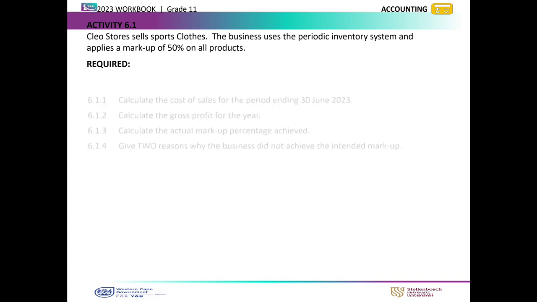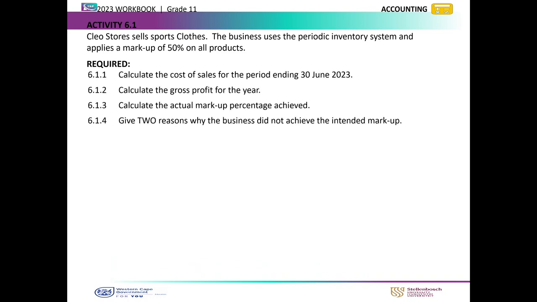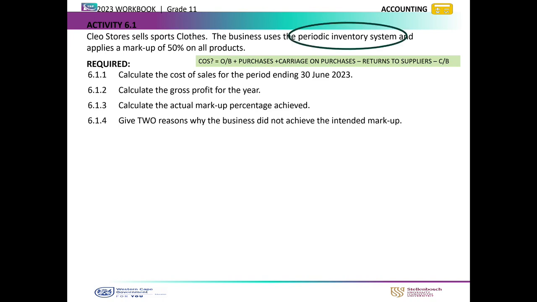For your required, which you have in front of you, 6.1.1, calculate the cost of sales for the period ending the 30th of June 2023. Because we need to calculate the cost of sales, we need to use the formula. And why do we need to use the formula? Because the method of managing the inventory is the periodic inventory system.